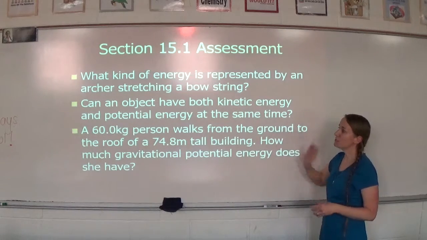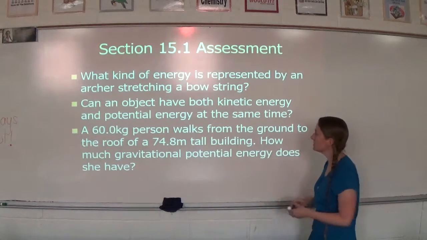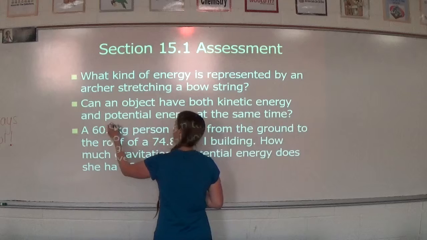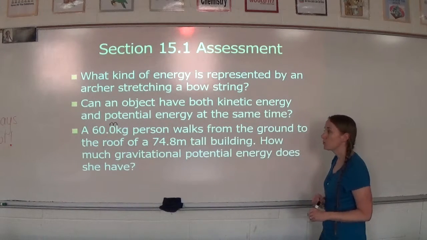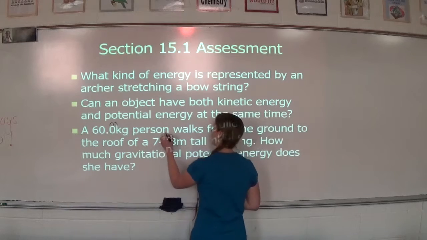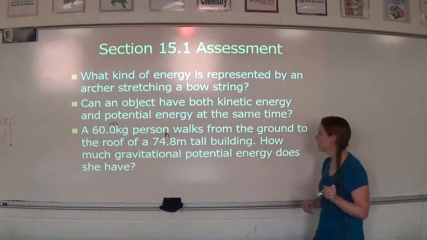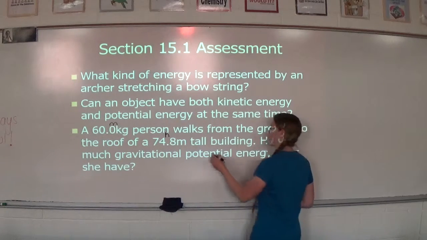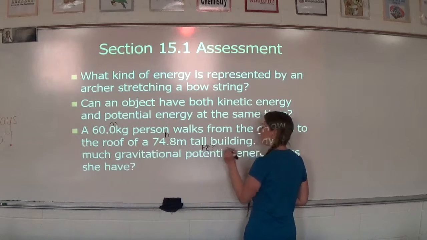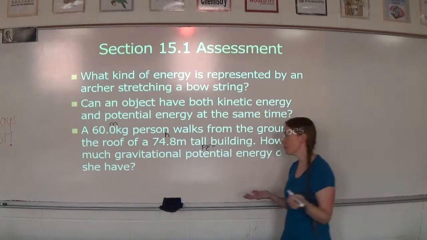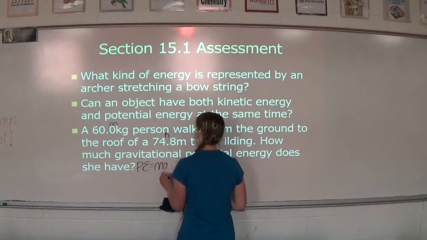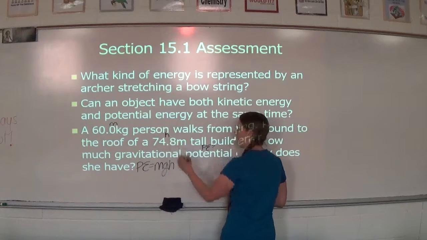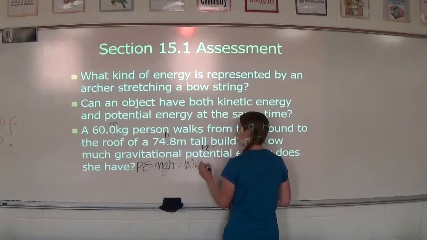All right, so last one, it says a 60-kilogram person, so there is a mass, walks from the ground to the roof of a 74.8 meter tall building. So there's a height. How much gravitational potential energy does she have? So we're looking for our PE. We don't have to rearrange the formula this time, so that's nice. So PE is mgh. My mass is 60 kilograms.